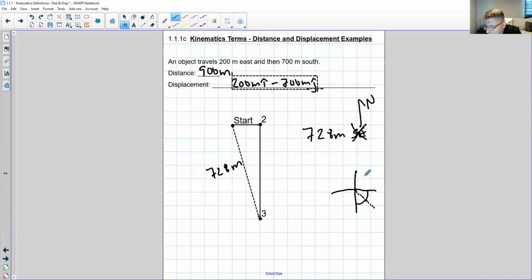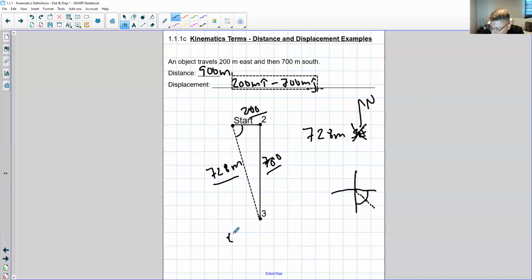So if you wanted to specify this using an angle, what we have to do is determine what this angle is. Now, in order to do that, you have to know some trigonometry. So you could use sine, cosine, or tangent if you know all three sides of the triangle. I tend to like to use tangent.